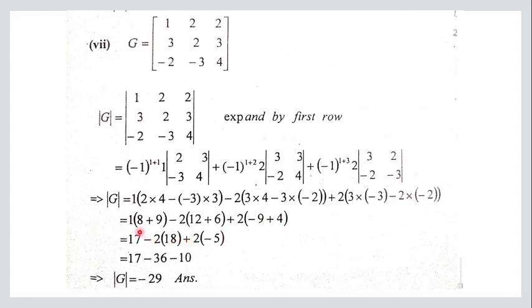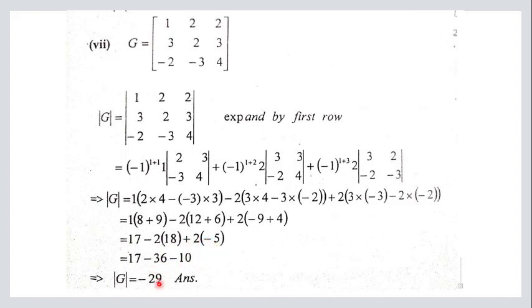In the next step 8 plus 9 is 17, 17 ones are 17 and then 12 plus 6 is 18, 18 multiplied by 2 over here and then plus 2, minus 9 plus 4 is minus 5. Now 17 as it is, minus 2 multiply 18 is minus 36, plus 2 multiply minus 5 is minus 10.